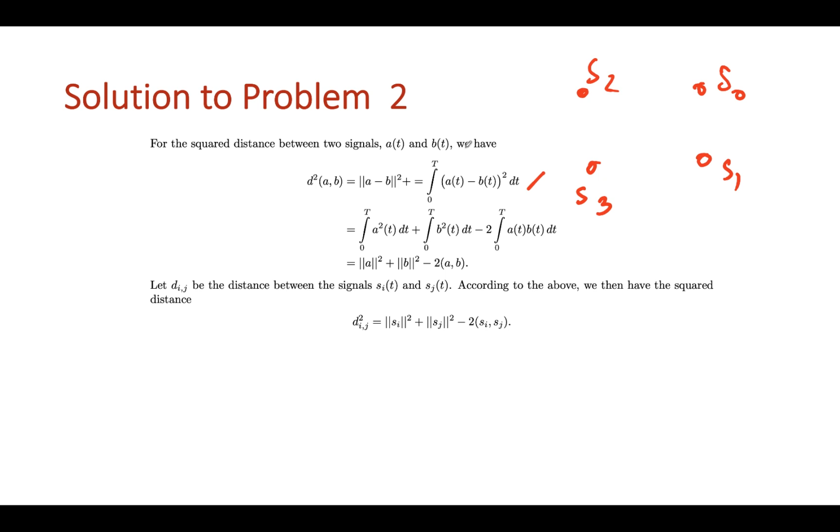The squared distance between two signals a(t) and b(t) is given by the difference between the two, taking the square of that, and integrating over 0 to T. This is equivalent to the distance between the two signals, which is written in vector form as this: the norm squared of a minus b.